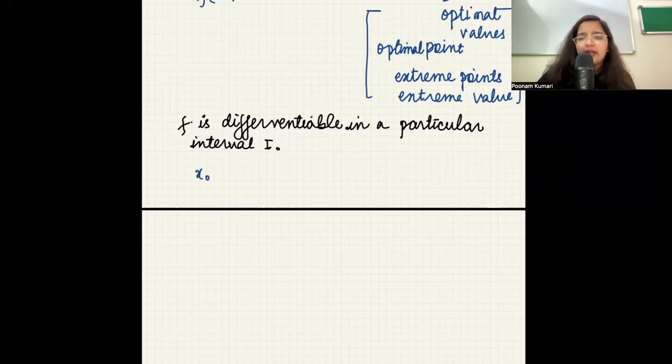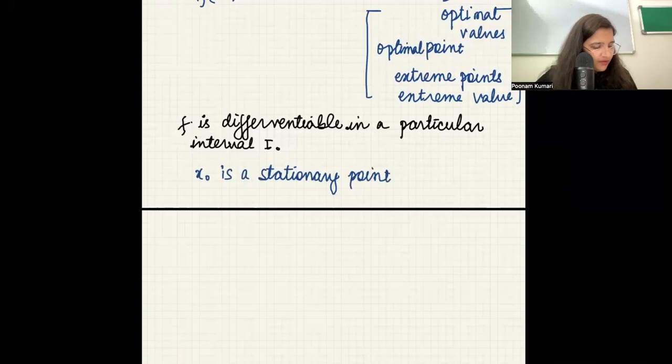So let's say I have a point x naught. I will call that x naught is a stationary point for the function f if a particular special condition is being satisfied, which is if you find the differentiation of the f function with respect to x and you try to find its value at x naught, you should get the value to be 0.